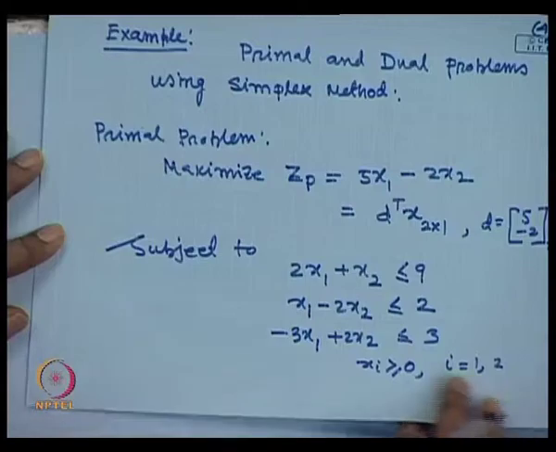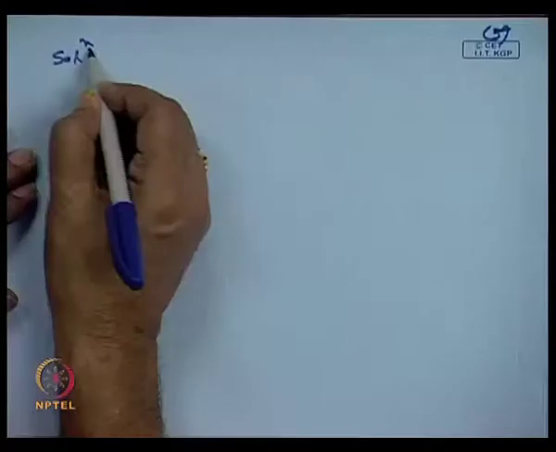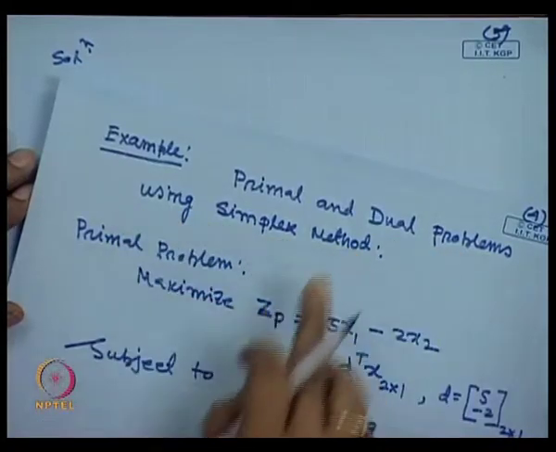So, first our question is to convert this into a standard LP problem and then solve it. But I will not solve this as a standard LP problem, because I have already discussed how to solve a standard LP problem using the simplex method, either in tabular form, by the algebraic approach, or in matrix form. So, the solution: suppose you are asked to solve the primal and dual problem using the simplex method.